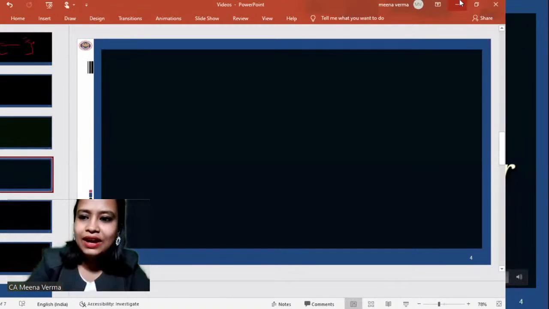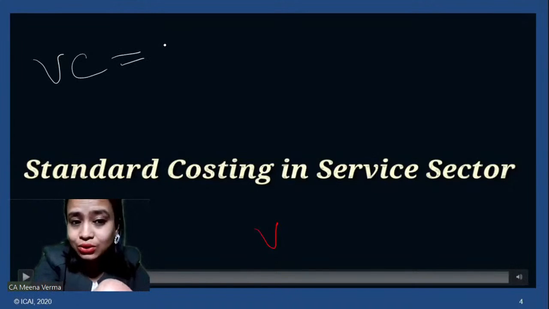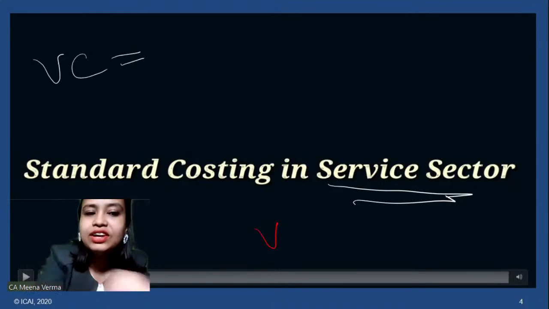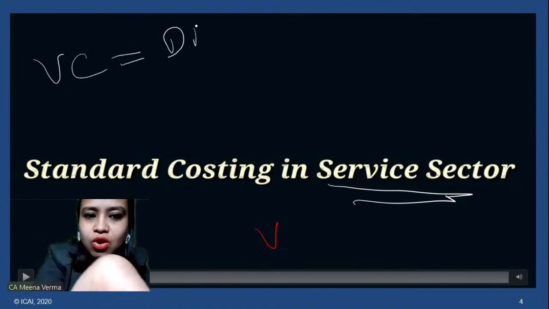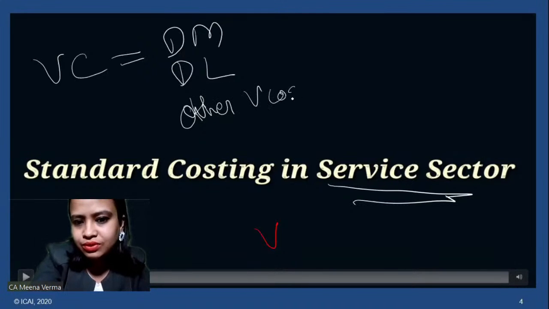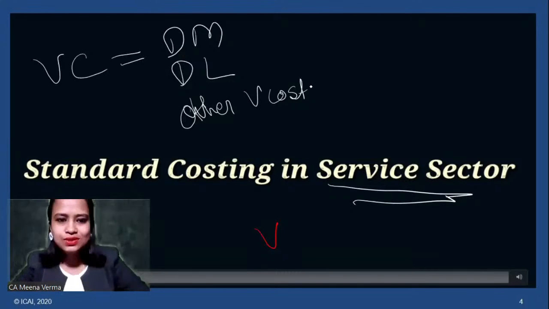See, in case of service sector, generally variable cost include direct material cost, direct labor cost, and other variable cost. है ना? This is generally what an organization includes in variable cost, ठीक है?